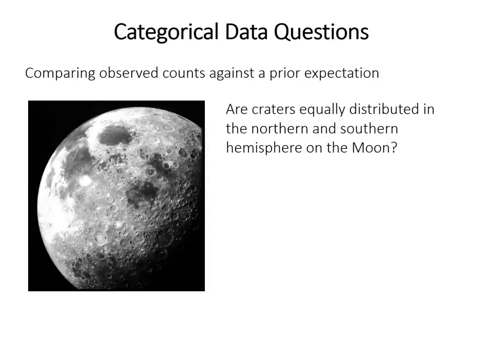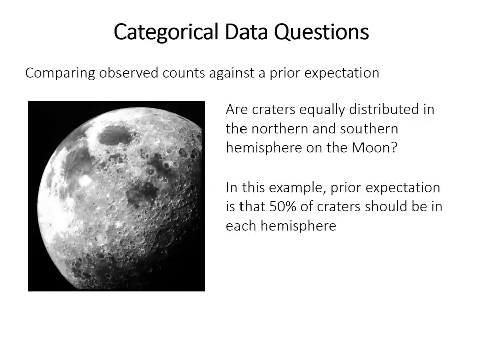So for example, in this somewhat contrived question here, are craters equally distributed in the northern and southern hemisphere on the moon? Well, because both hemispheres are the same size, each makes up half the surface area of the moon. So our simplest expectation might be that 50% of the craters should be in each hemisphere.